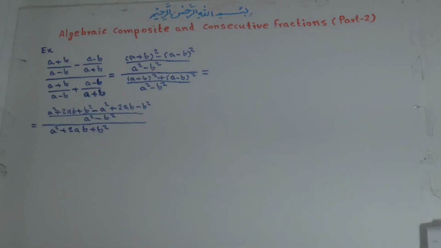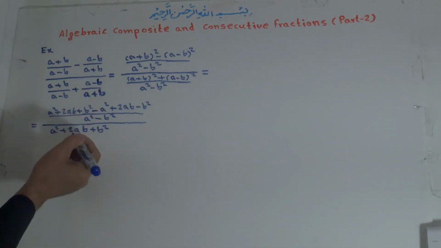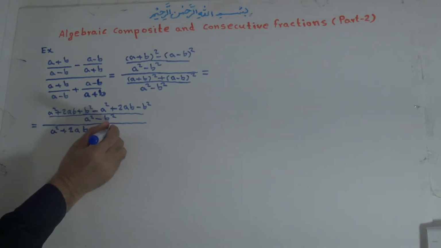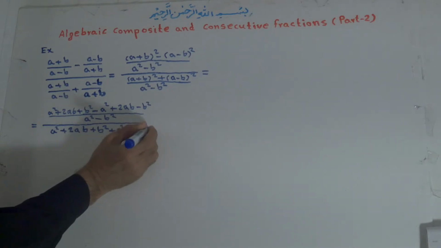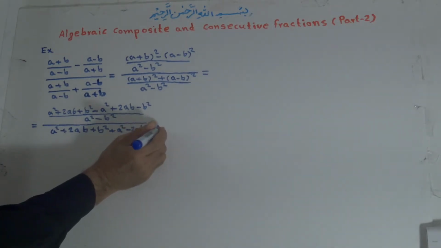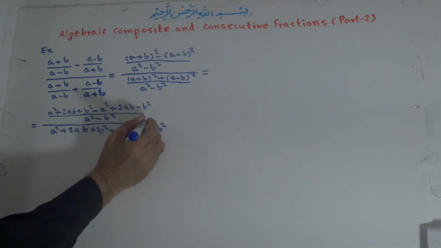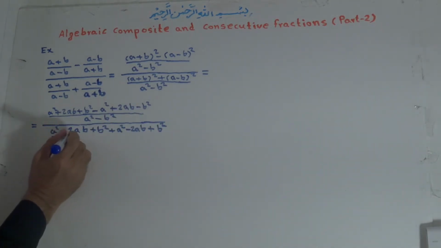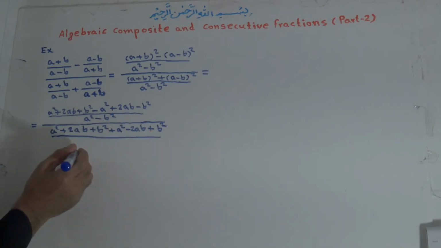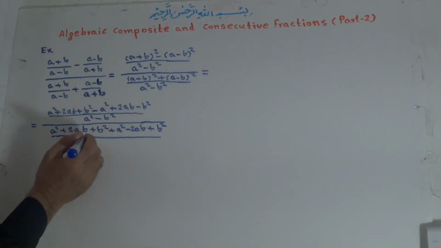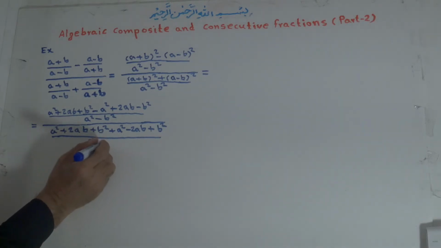Because the outside is a positive sign, if you multiply the positive with the inside of the parenthesis, there is no change. We write directly that the result is equal to plus a to the power of 2 minus 2ab plus b to the power of 2, over a to the power of 2, this one, minus b to the power of 2.